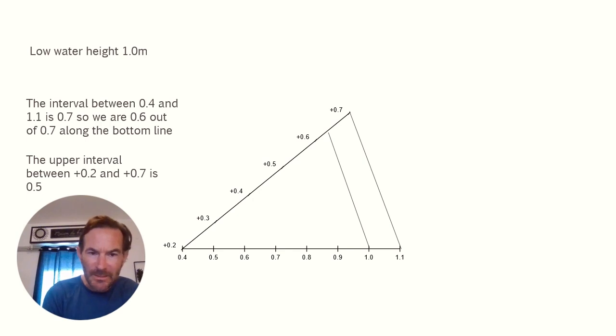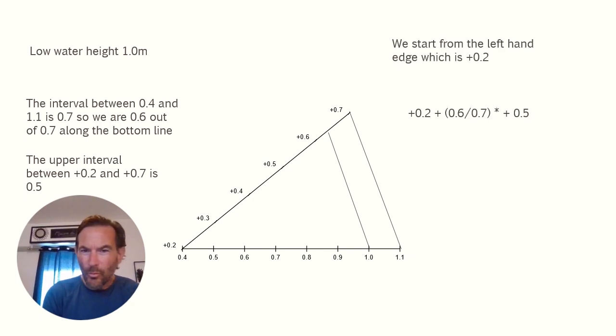So if we do 6/7 of 0.5 and add that to 0.2, we will get our adjustment, our answer. The calculator gives us 0.623, and we'll round that to the nearest 0.1, 0.6 meters, which we'll add to our low water height. So that's going to give us a low water height of 1.6 when we go back to do the sums. So see the other videos. This is just for working out the adjustments quickly using a mathematical method.